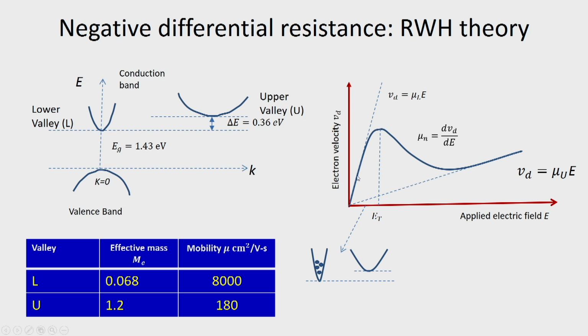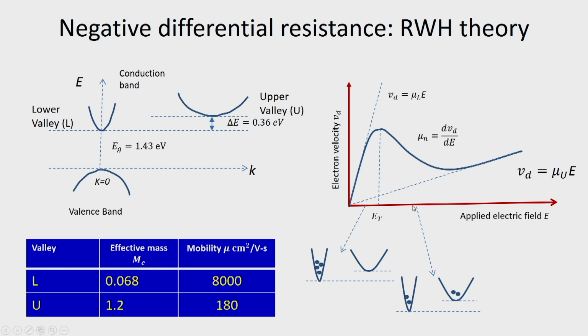Now, as the applied bias field is increased and we have the field greater than a threshold field E_t, as we have said, because of this field induced transfer of electrons, we have some electrons migrating to the upper valley.